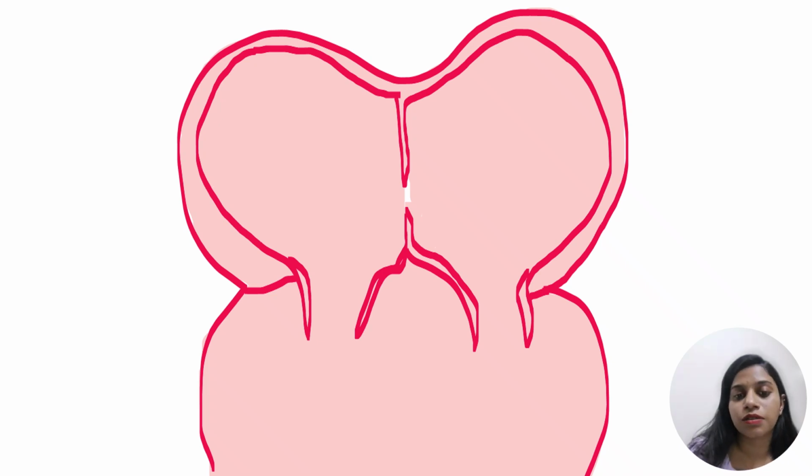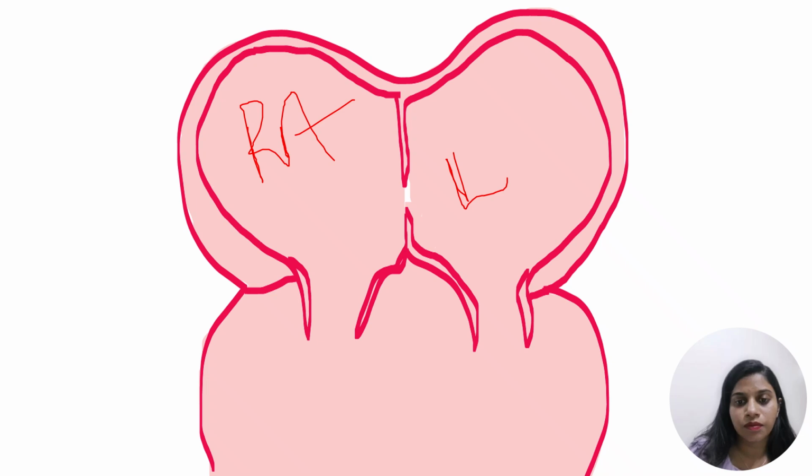Okay. So as I told you, I have drawn something on the screen. This is your right heart chamber, right atrium, left atrium, and this is the right ventricle, then left ventricle.